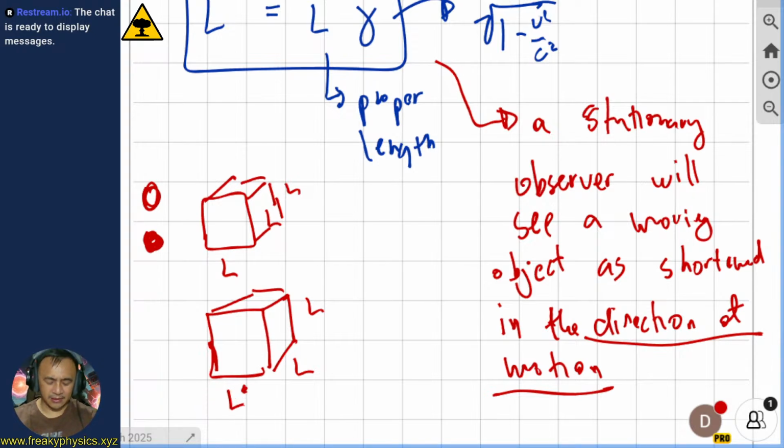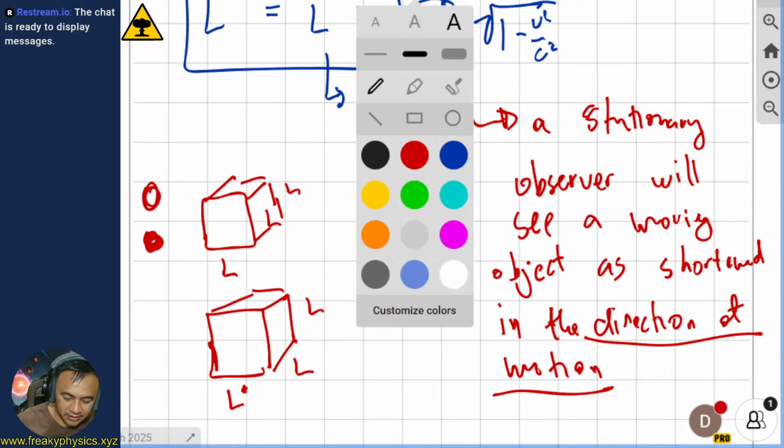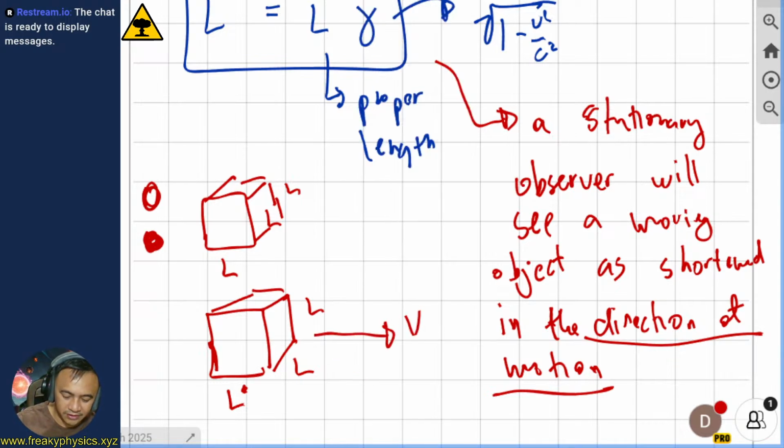In other words, for the moving object, if the velocity is going this way, or it could be the other way around, either way, that's what happens. So the other lengths don't change; it just changes in the direction of motion.